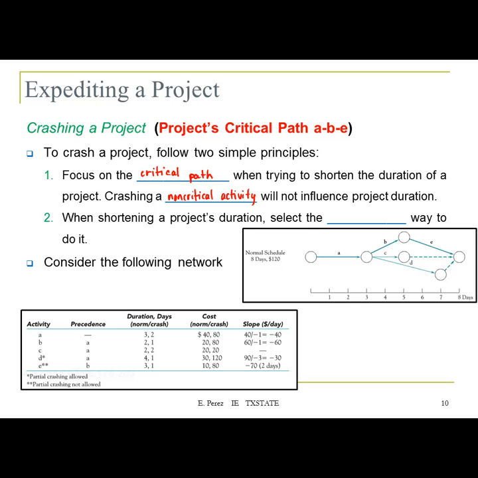So for instance, we have that the critical path here is ABE, which is going to be here, here, and here. So if you crash this activity Z, that will have no impact on the total duration of the project.